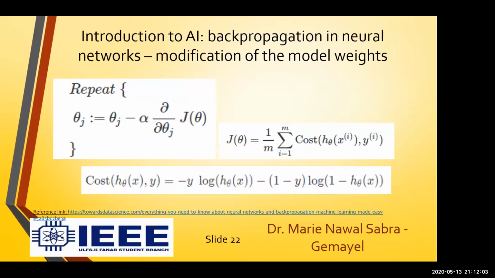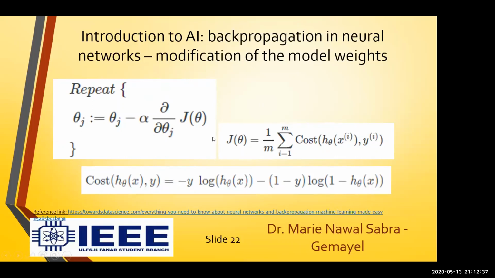And I create a cost, and this cost is proportional between the calculated and the real value. So I create a certain error. And this error in here, we're not going to go into the details. In here, there's a logarithmic between the H and Y, but you can have any other cost function. And then you have this function, which is the new weight equals the old weight and a certain factor and the cost. J is a function of the cost, the sum of the costs of all the errors of all the samples.